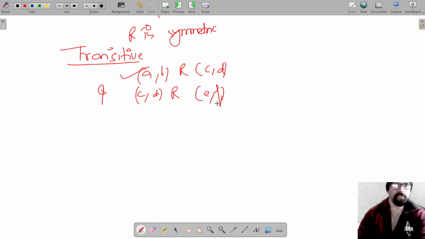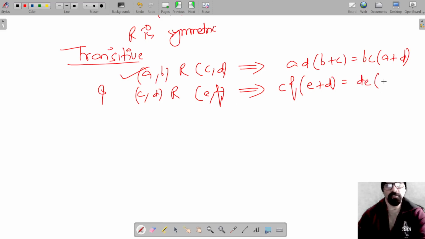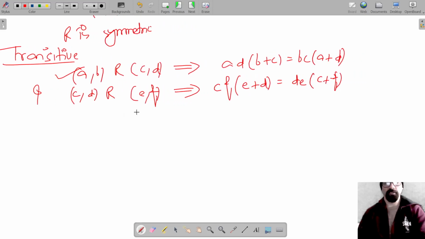If we are able to prove that (A, B) and (E, F) are also in relation, then this is transitive. So this being in relation means that AD into (B plus C) is equal to BC into (A plus D). And the next one is CF into (E plus D) is equal to DE into (C plus F). This is what we get from these two relations.